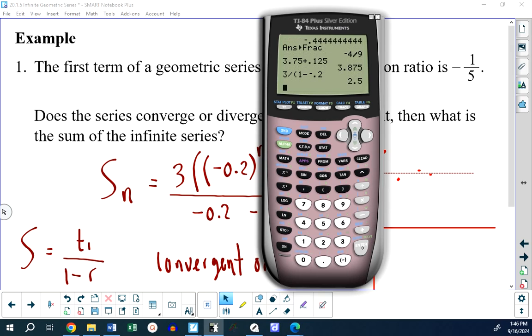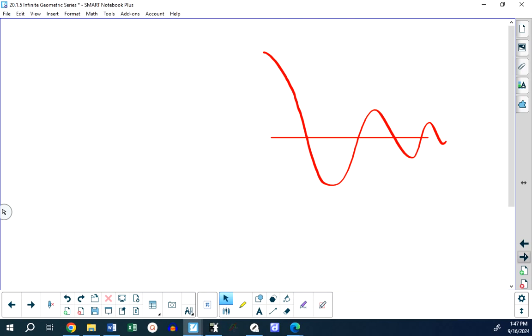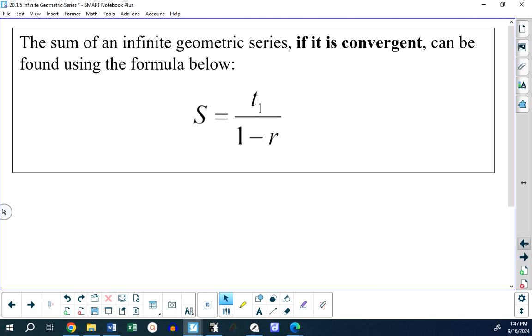You get 2.5. You don't need to use your calculator to find that sum. But you might need to use your calculator to determine if it's divergent. I want to highlight that this works if it's convergent. If it's divergent, there is no sum. You have no business talking about the sum of an infinite number of terms unless it's convergent.